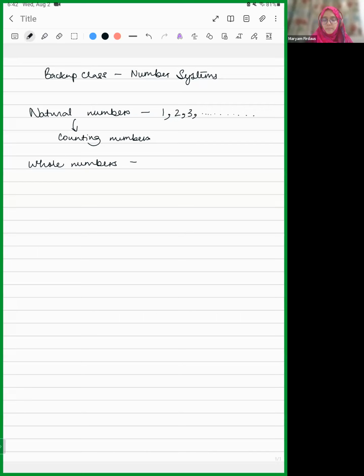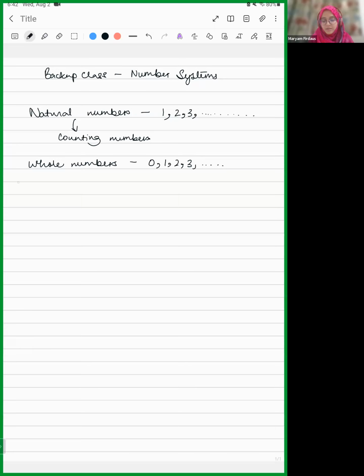All right. Whole numbers are 0 and natural numbers. You studied this till maybe your kindergarten, your first grade, right? Then when you came to fifth and sixth grade, you were introduced to the concept of negative numbers, right?